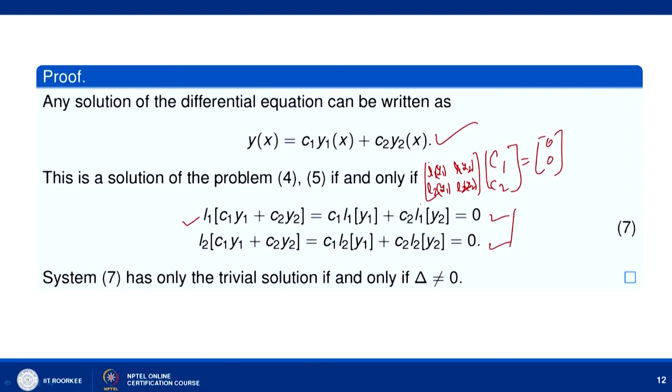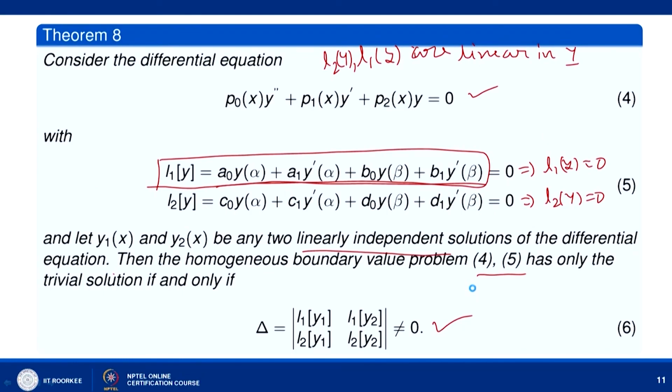Here this will have only a trivial solution provided that the determinant of this coefficient matrix is non-zero. So that is the content of this theorem: this homogeneous boundary value problem will have only a trivial solution if and only if this quantity delta, the determinant of this matrix, is non-zero.